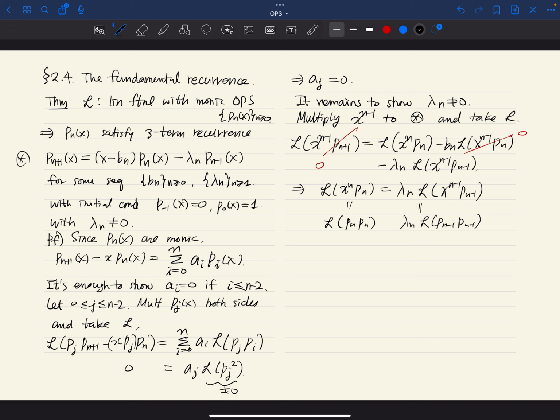But we proved, what did we prove? Oh no, actually, it's enough. This is non-zero because of the orthogonality again. That means lambda_n is non-zero. Okay, so that's the proof.